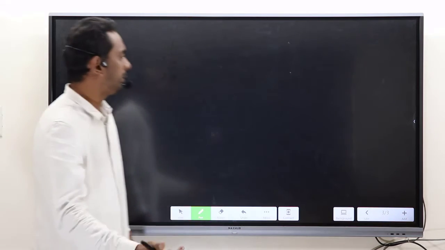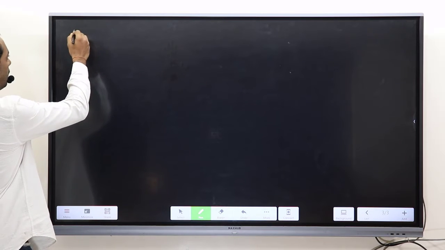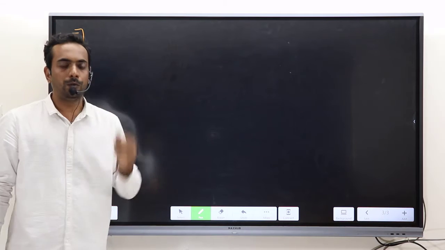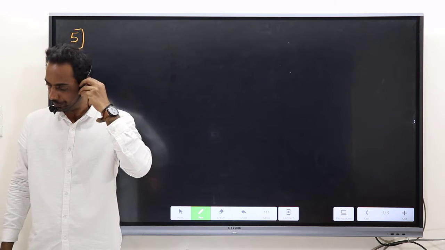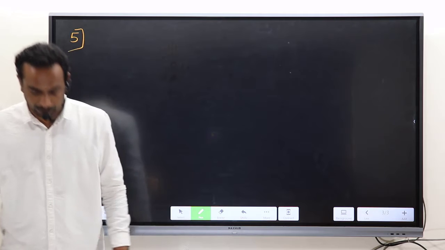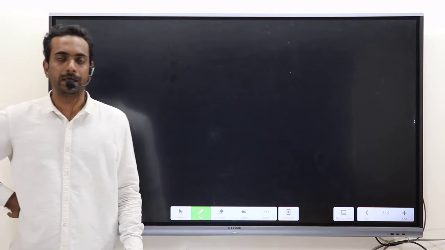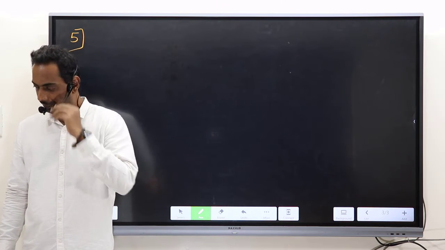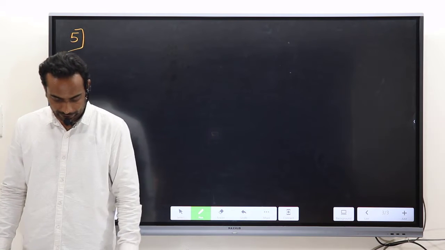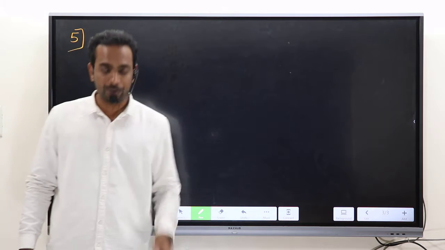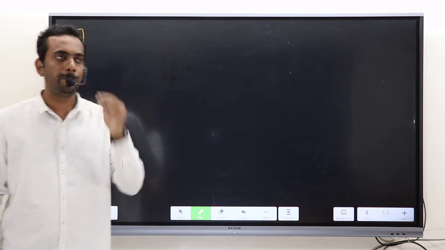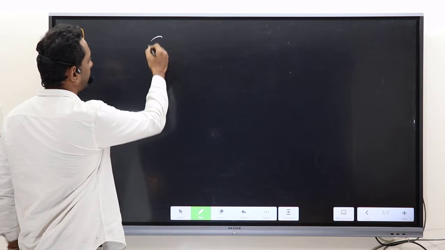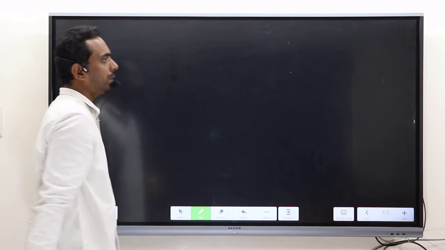Write down the fifth property of Routh. For the Routh table implementation, the coefficients of the characteristic equation must be real only.